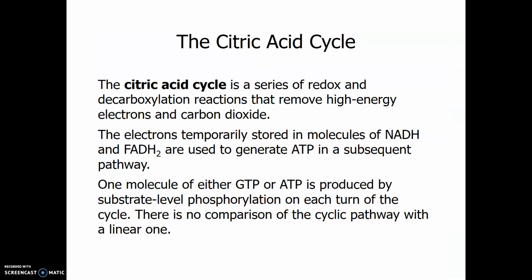All right. Then the next step in cellular respiration is the citric acid cycle, which is sometimes called the Krebs cycle, for the scientists who discovered it. The citric acid cycle begins when the 2 acetyl coenzyme A molecules enter the citric acid cycle.